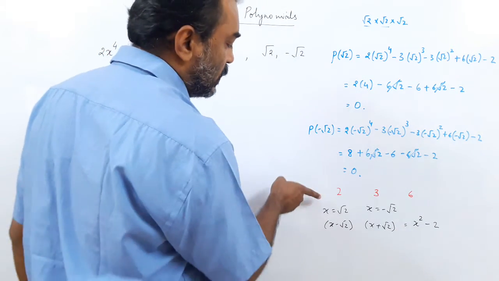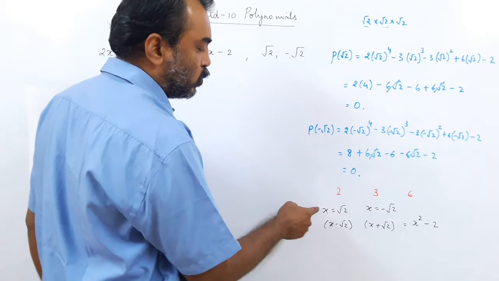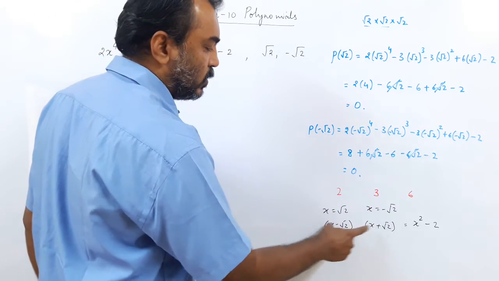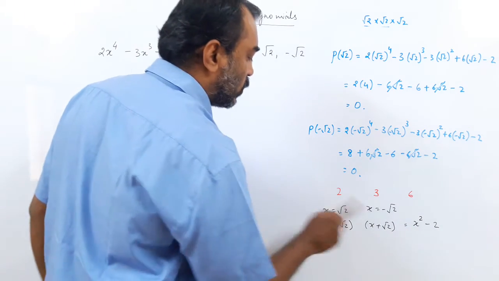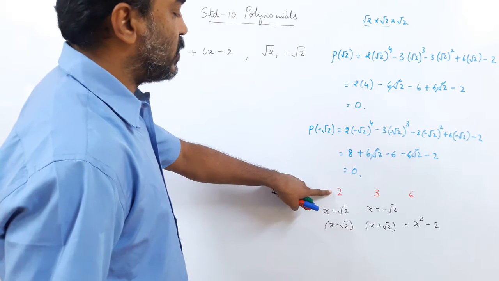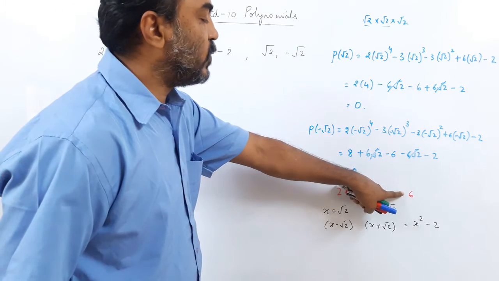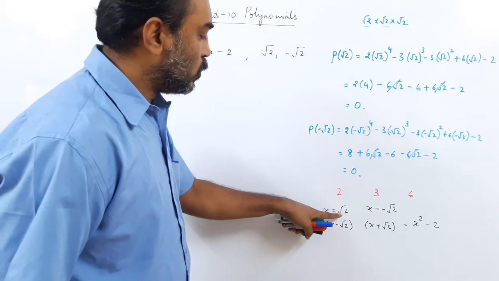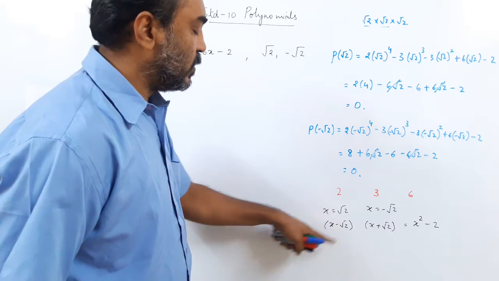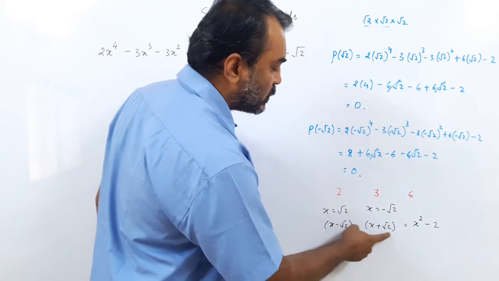So what do we know? Since x equal to root 2 is one root and x equal to minus root 2 is the second root, the multiplication of both gives us this. What I was telling is, if 2 is a factor of a number and 3 is a factor of the number, then 6 is also a factor of the same number. In the same way, because x equal to root 2 is a root, x minus root 2 is a factor, and x plus root 2 is a factor.